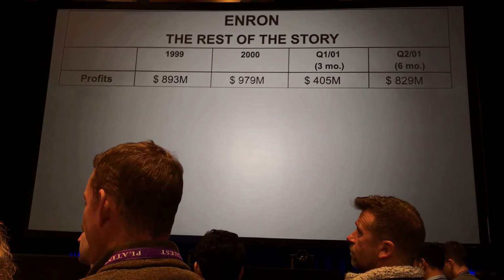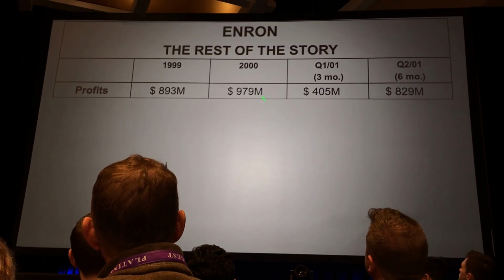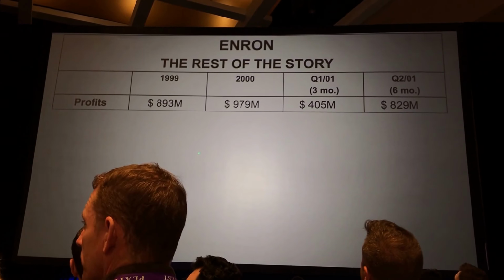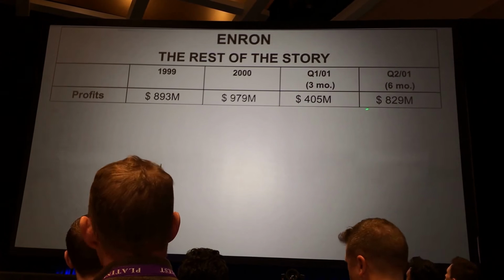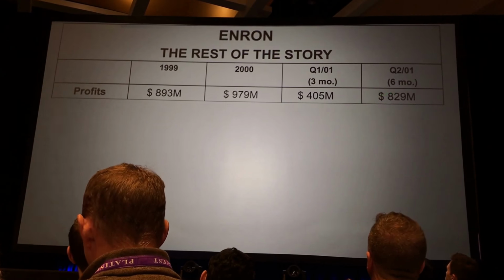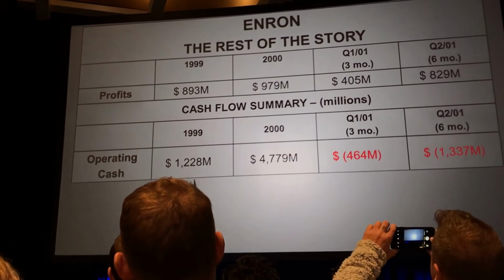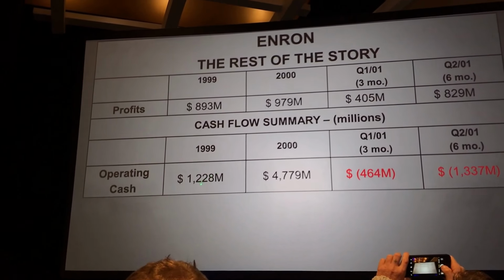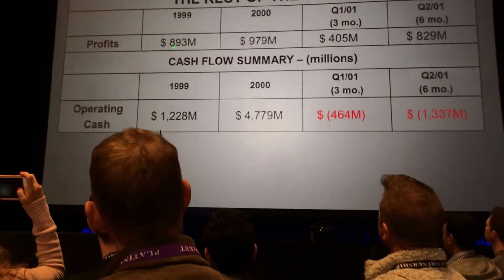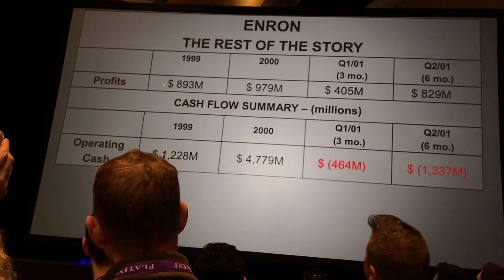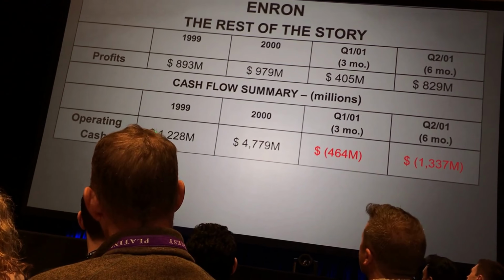Let's see how Enron was doing had anybody bothered to look. I'm going to work off of this screen right here, the one in the front right. All right, here comes O cash. This is the profits. This is the theory. Here's the fact. All right, so let's just see what happened. In 1999, Enron had a theoretical profit of $893 million, and they converted that into $1,228,000,000 of cash.